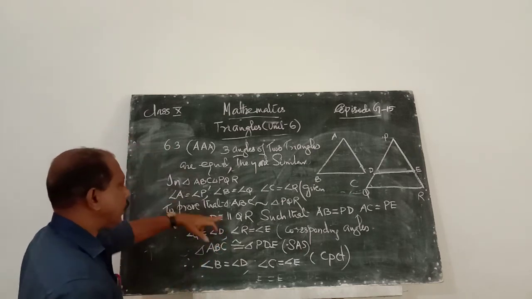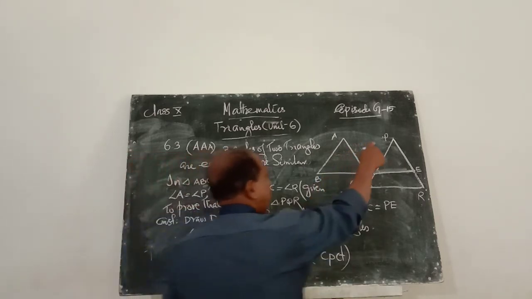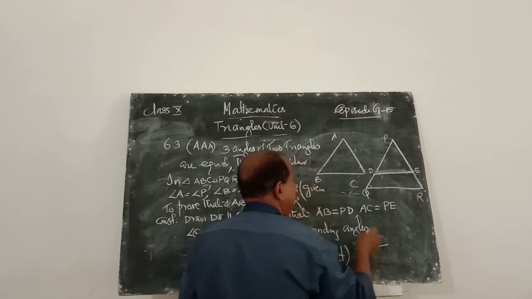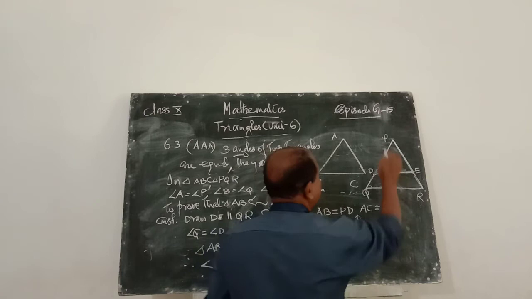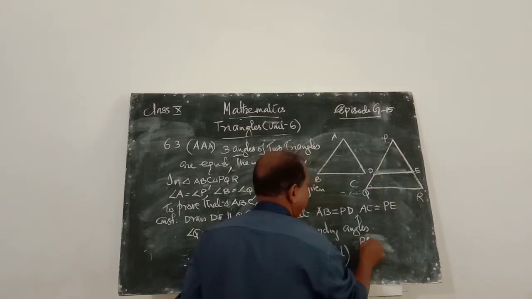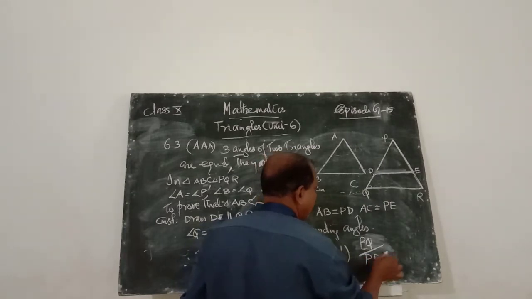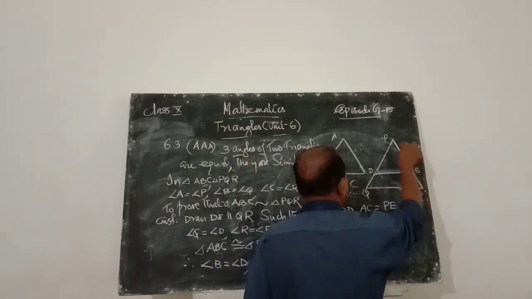Then we know that DE is parallel to QR. Therefore, PQ by PD is equal to PR by PE.